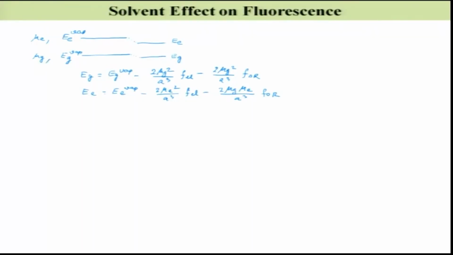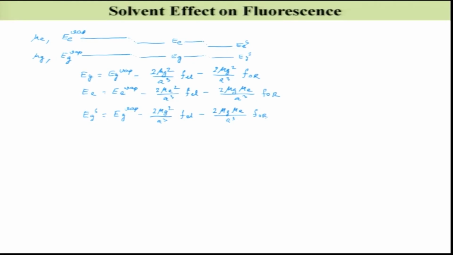So this state is going to be further stabilized because of the solvent reorientation, and I termed it E E S, and E G S, that means solvated, and we found that E G S is equal to E G vapor minus twice mu g square by a cube f E L minus twice mu g mu e by a cube f O R.